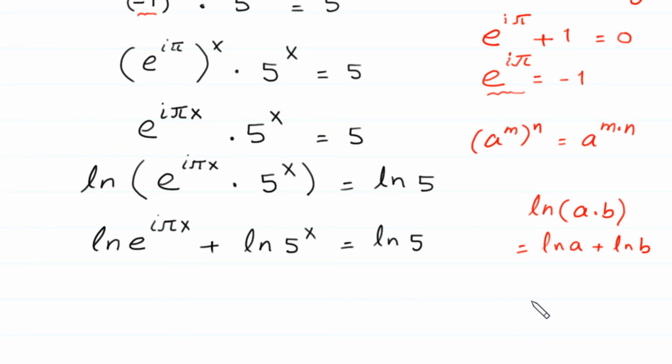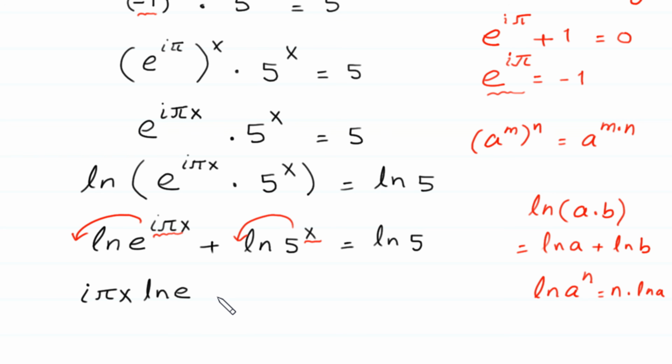And according to the property of natural log, ln of a to the power n is equal to n times ln of a. This power i times pi times x will come here and this power x will come here. i times pi times x ln of e plus x times ln of 5 is equal to ln of 5.